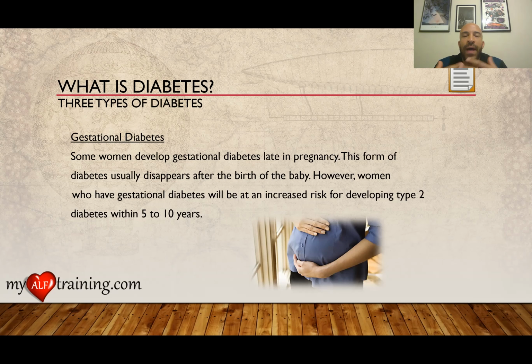this is something to be mindful of as well when we're caring for the patient and collecting a history and talking with them about their history with their diabetes. We want to know, did they get diabetes type 2 after pregnancy? Or did they have gestational diabetes during pregnancy?